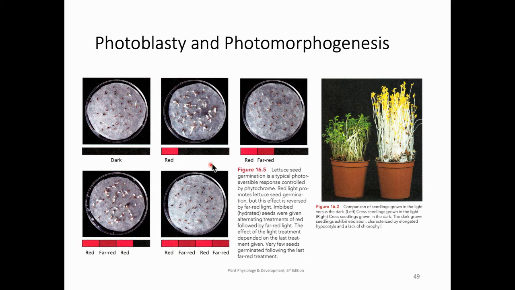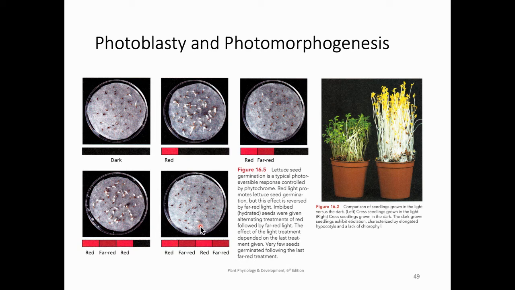But in the ones before, if they receive dark, or even if they receive red but end with the far red, the seed will not germinate. Same thing here. If you alternate the red and far red, and if you end up with the red, they will germinate. Far red, no germination.